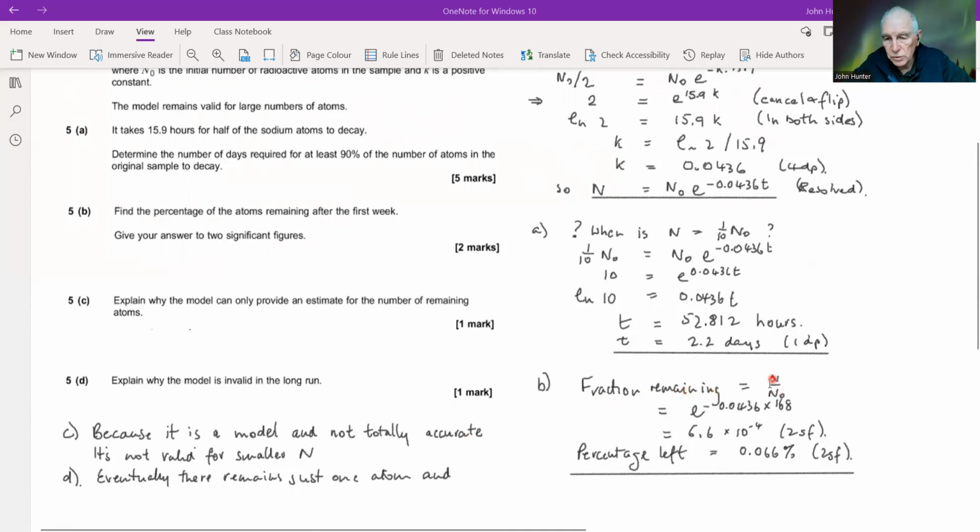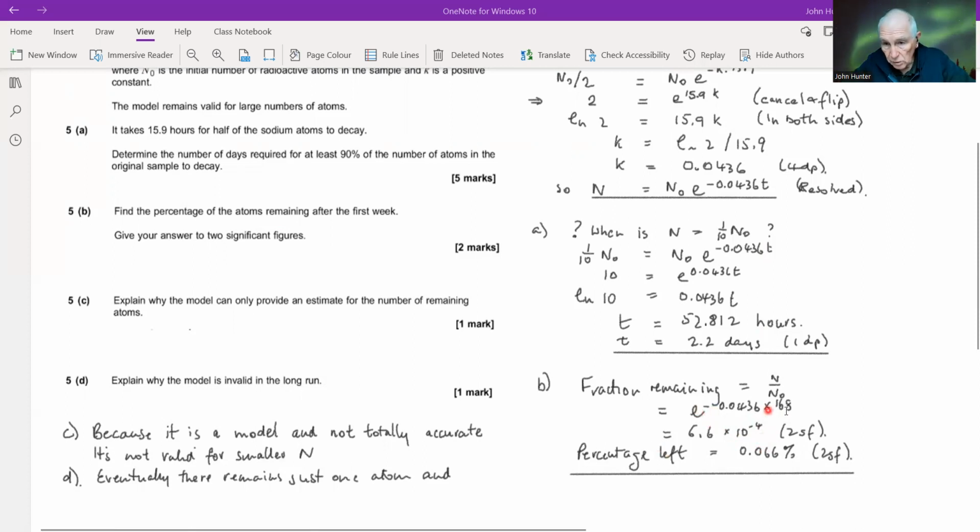It's the ratio of N to N0, which from our equation is e to the power of minus 0.0436 times t, with t being 168, as there are 168 hours in the week.